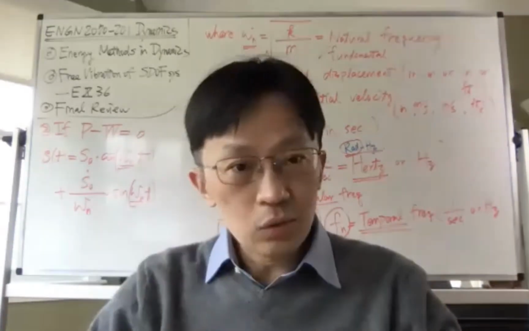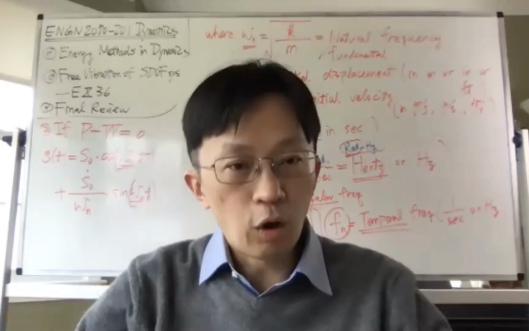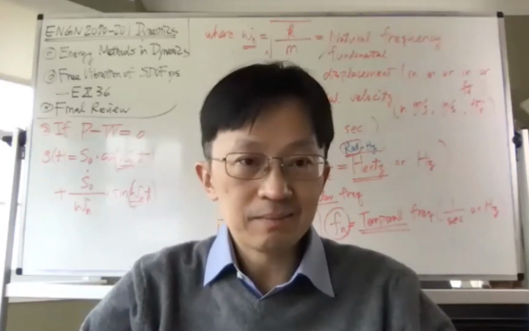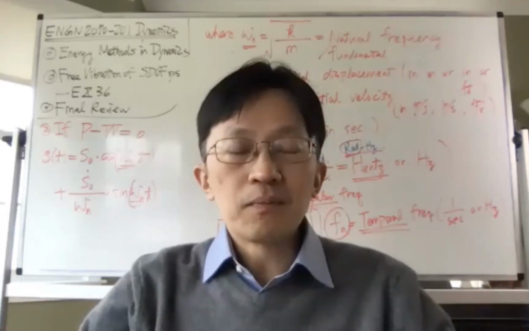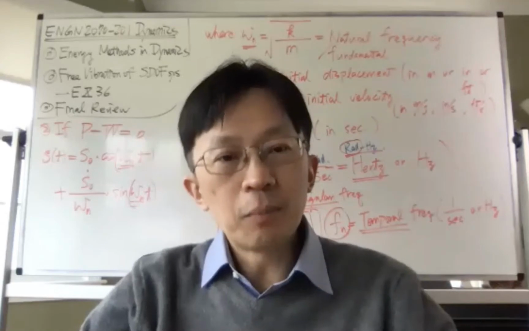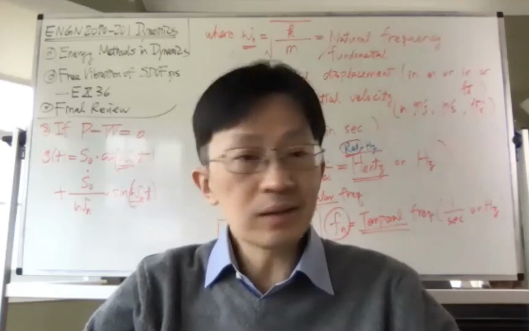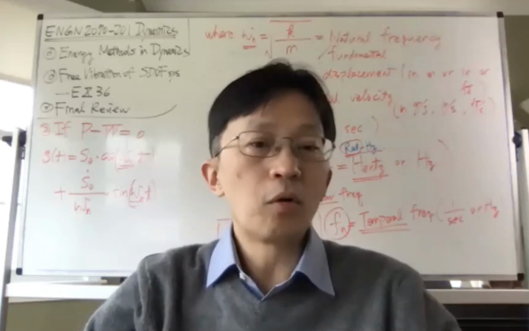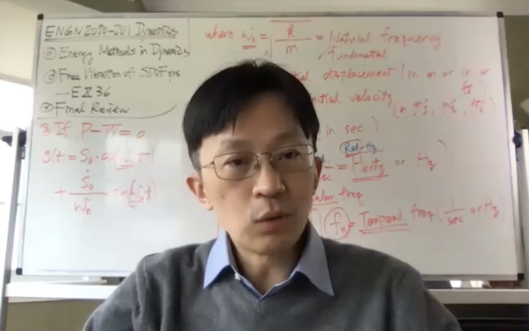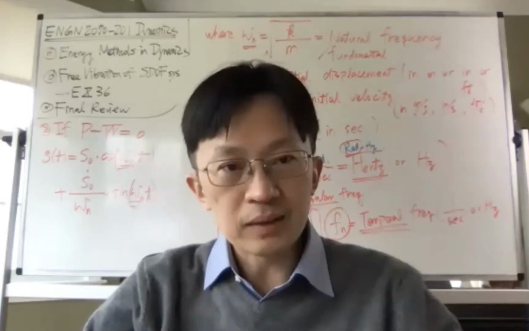And we also use not only the energy principles, we also use the principle of impulse and momentum. Remember? So what's the difference between these two? If you want to know the time information, you have to use the principle of impulse and momentum, whether it is linear impulse and momentum or angular impulse and momentum.